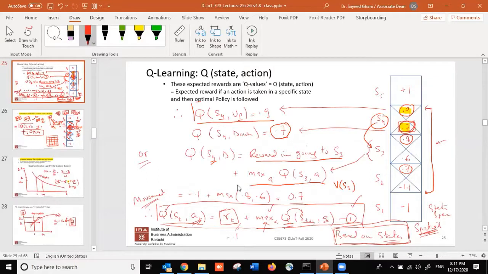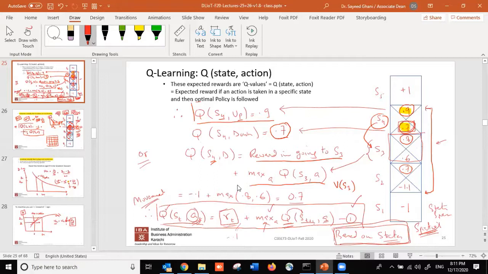How is Q(S_t) updated? It depends. If you make a certain movement A, take a certain action A, then there's a certain reward, let's say the movement cost, and the maximum value that you can get from the adjacent state. If you end up in the adjacent state, what's the maximum value that you can get from here?